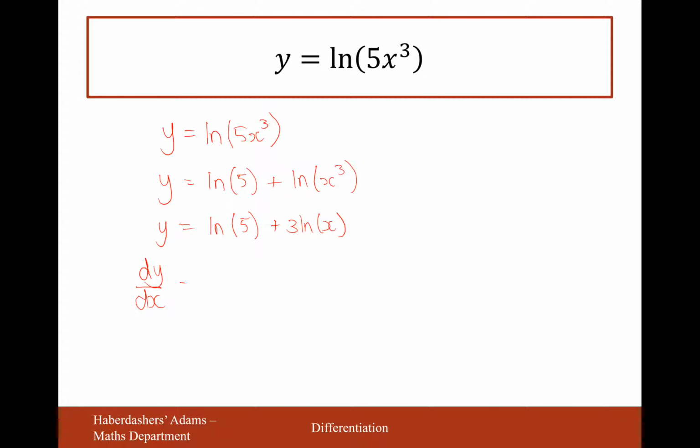Ln 5. What is ln 5? Well, ln 5 is actually a numerical value. You can think of this as just the number 7. How would you differentiate the number 7? It differentiates to 0. So the same will happen with ln 5. It just disappears because it's just a numerical value. It has nothing to do with x. The next one is going to be 3 over x because ln differentiates to 1 over x. Times that by 3 and you get 3 over x. So that's the answer.